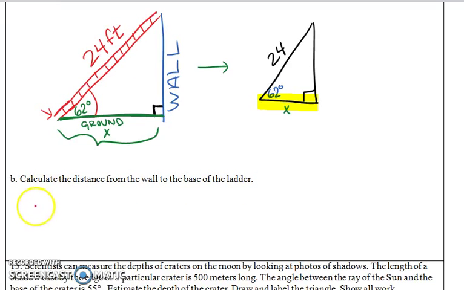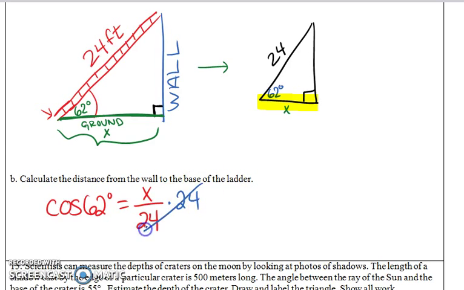So I can now say that the cosine of the 62-degree angle is going to be x over 24. From here, you can multiply both sides by 24, and this will leave us with x equals 24 times the cosine of 62 degrees.